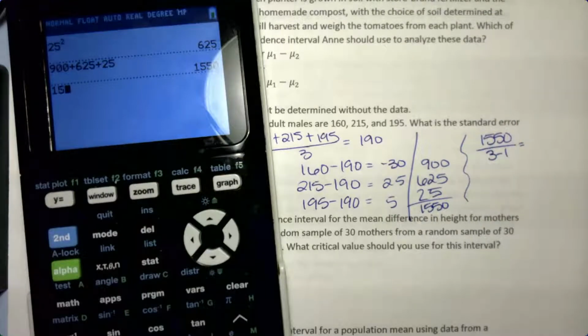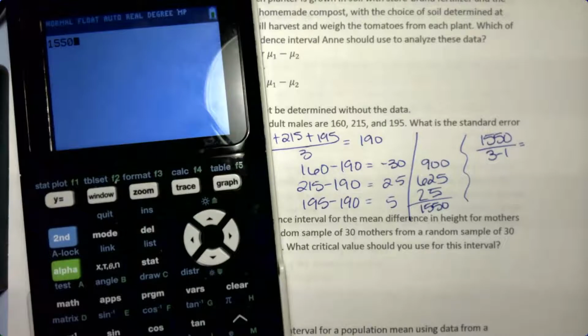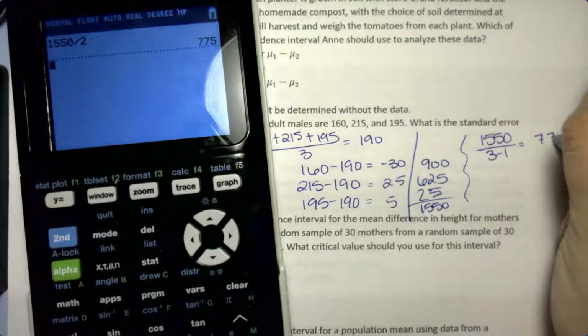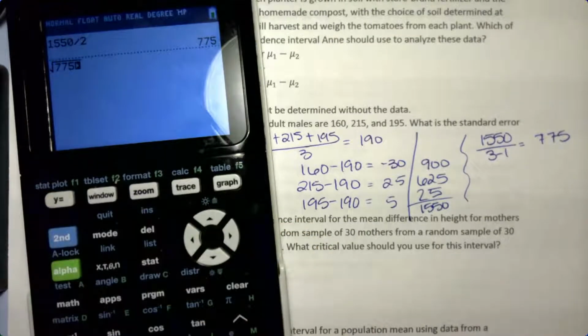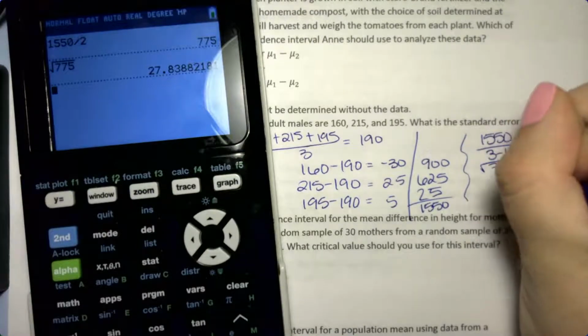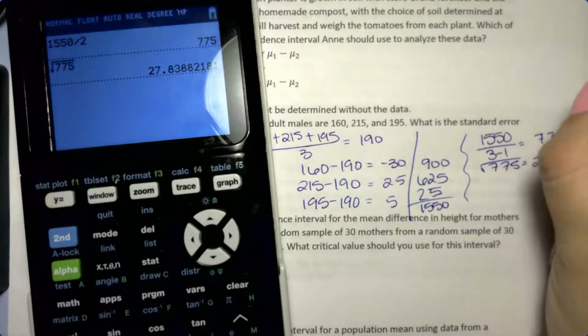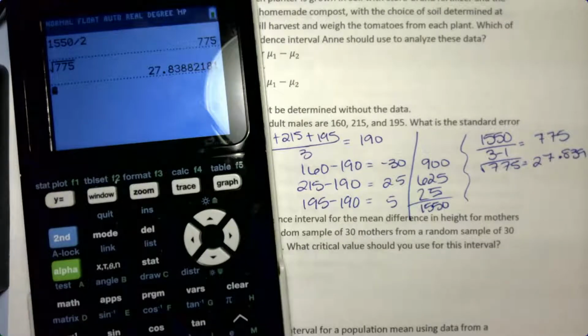Which gives me 1550 divided by 2, which gives me 775. And then I want to go ahead and take the square root of this value, which gives me 27.839. And then I need to find my standard error.